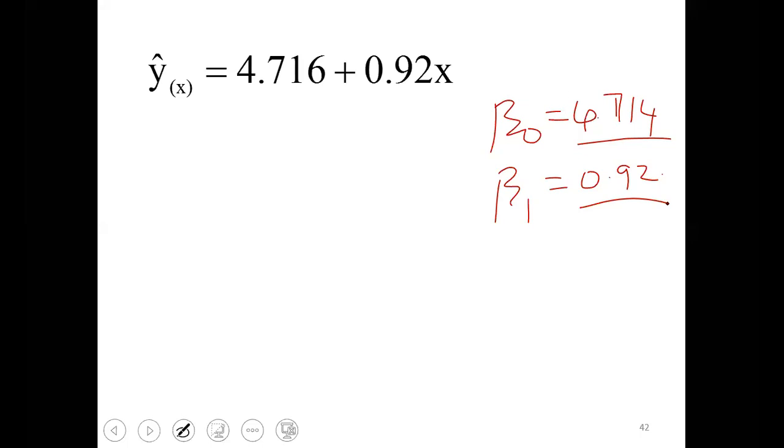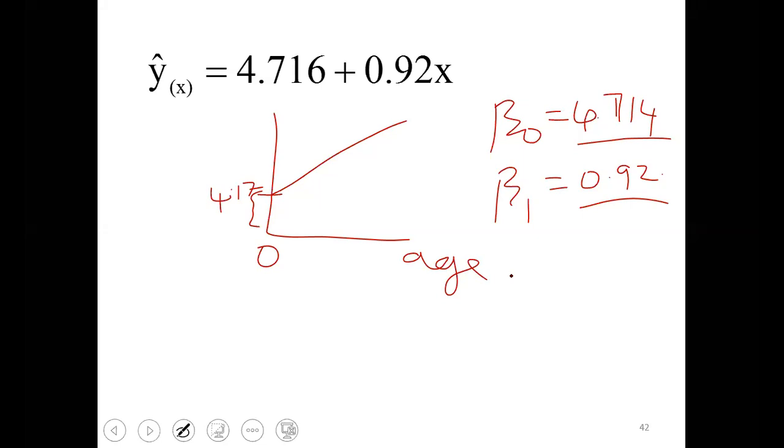How can we explain beta naught practically? Anyone? Usually the birth weight is 4.716. You are right. What we said is this is 4.17 at the 0 level of age.